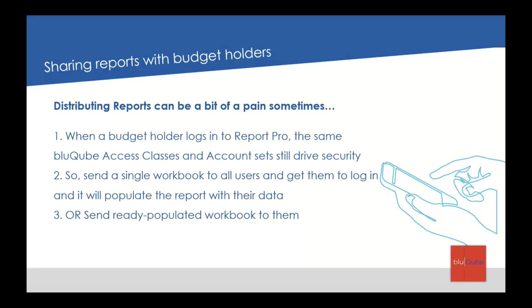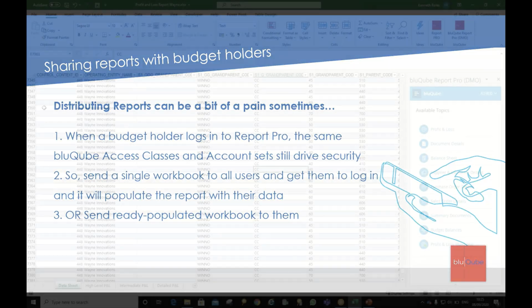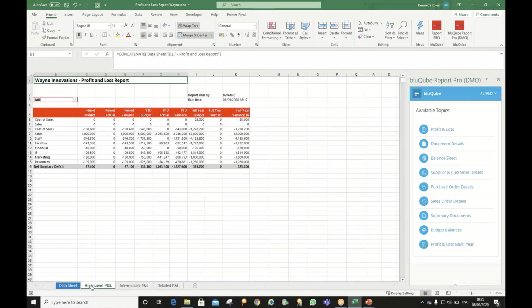And the other approach to sending reports out would be to send out a ready populated workbook with the data in it. That's the sort of thing I've been opening up to make it easy to demo, but you could be sending out the workbooks like that. There's a P&L which is full data.